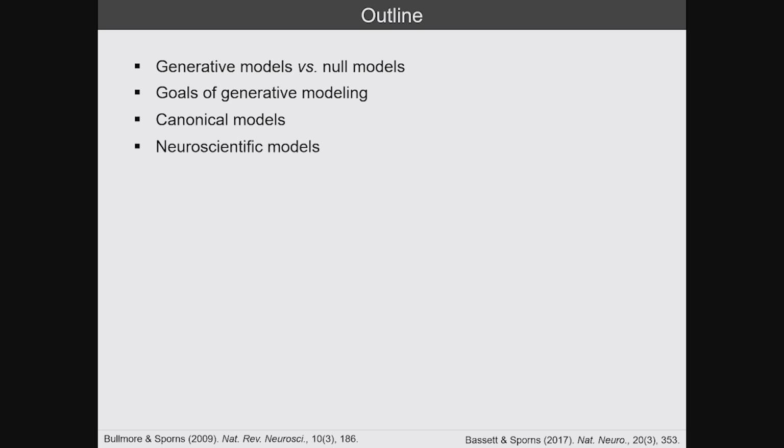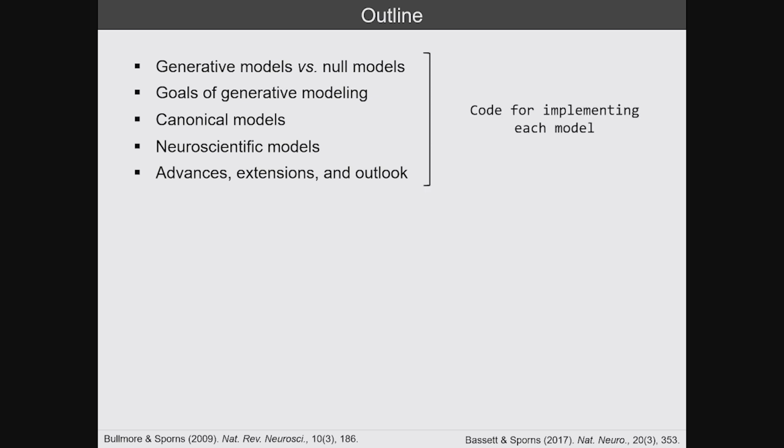And I'll finish with an introduction of a neuroscientific model, along with some advances in that space, extensions of the model, and the outlook of generative modeling and network modeling in neuroscience. As I said, there's a GitHub repository with code for implementing, I think, every model that I talk about.